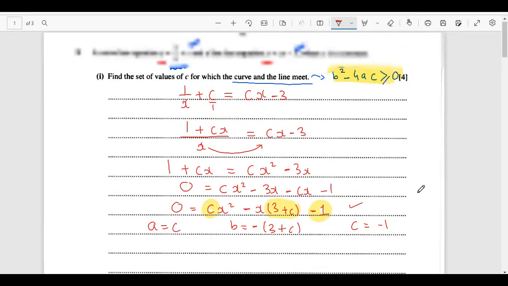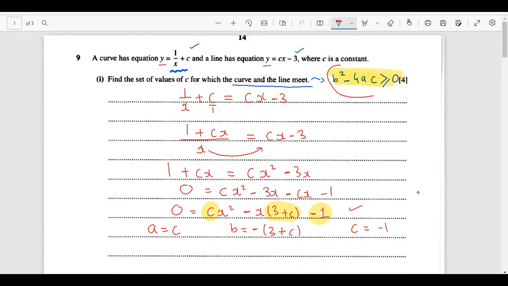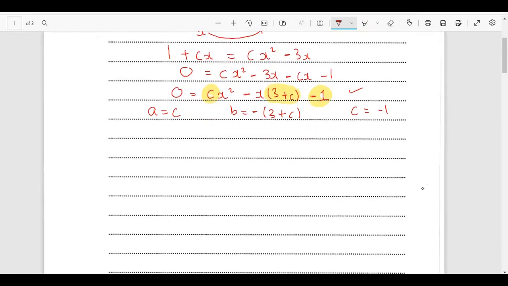Then I know this was the inequality for this condition, so I will just plug in the values here. It was b squared minus 4ac greater than or equal to 0. B squared is minus 3 plus c squared, then minus 4 into a is c, and then c is minus 1.